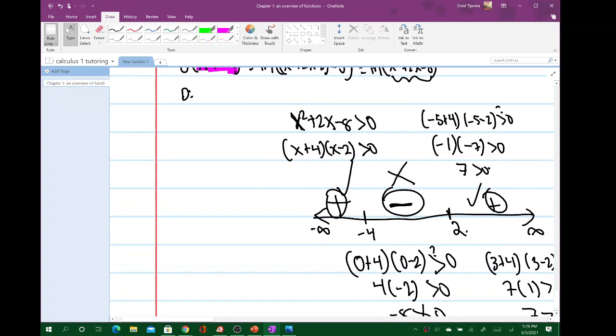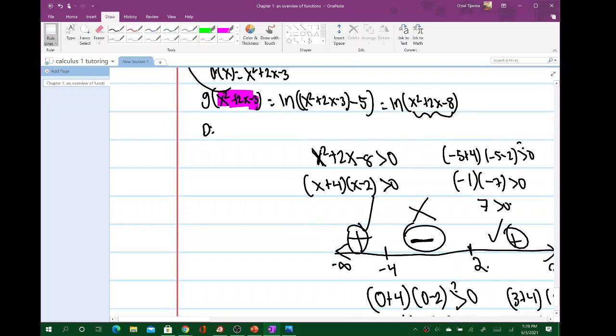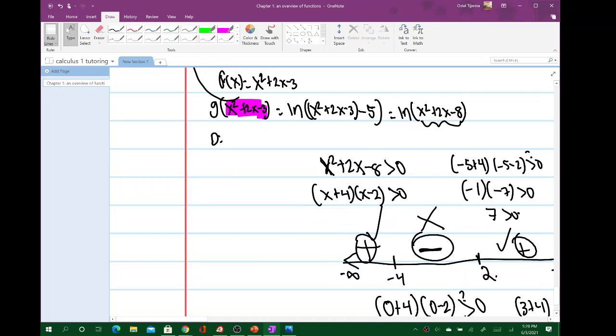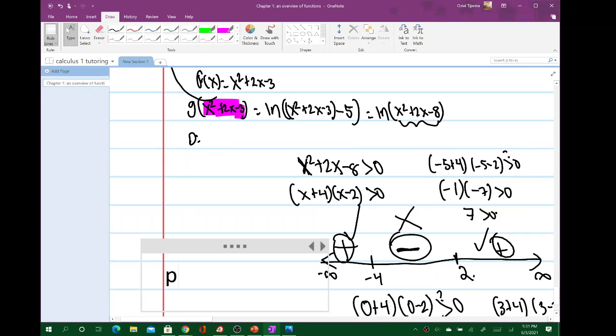Oh my, this one's kind of difficult, because you have a squared function inside the parentheses of the natural log. Okay, so in reality, the domain of this would be, let's see. Okay, so this is a very interesting function.